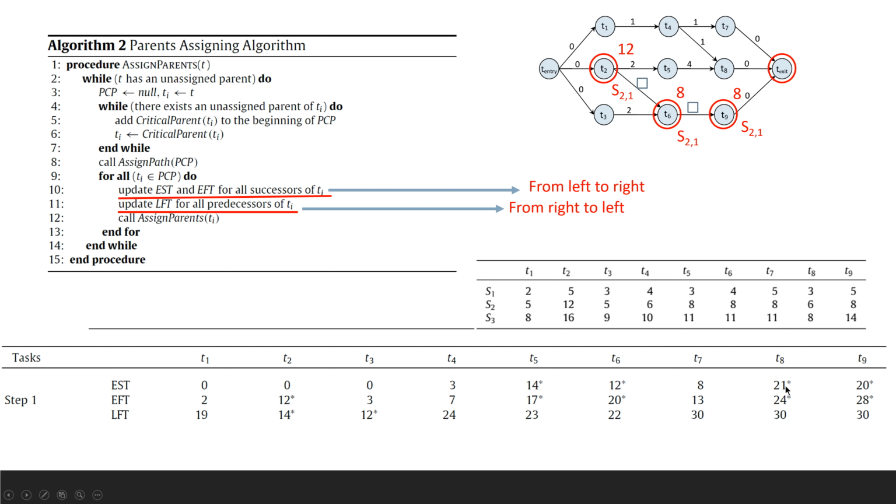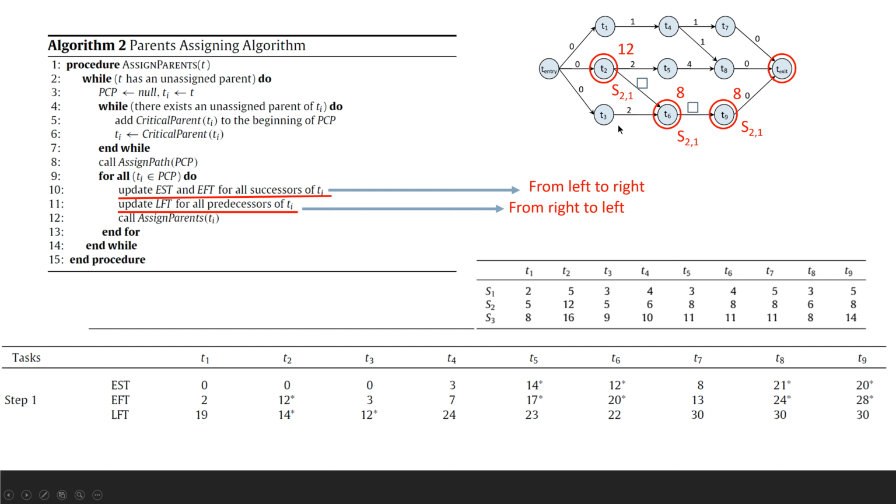After we get the EST, we can get the EFT for T8. T8 in this table takes 3 time units to execute, so 21 plus 3 is 24. So you can see we successfully updated all the successors of these critical path tasks.